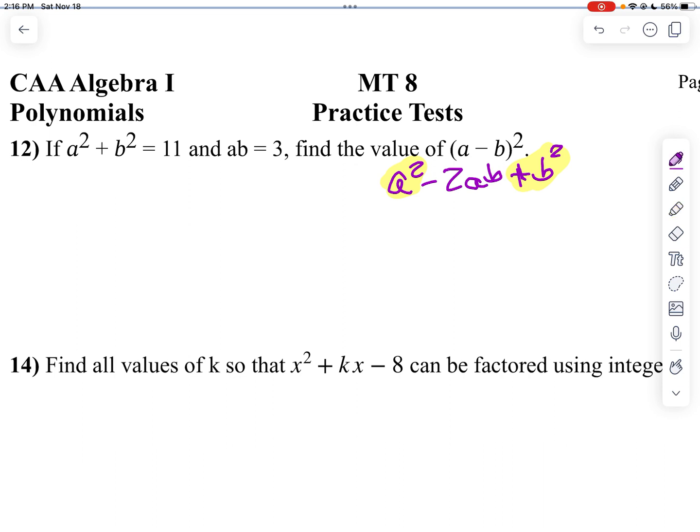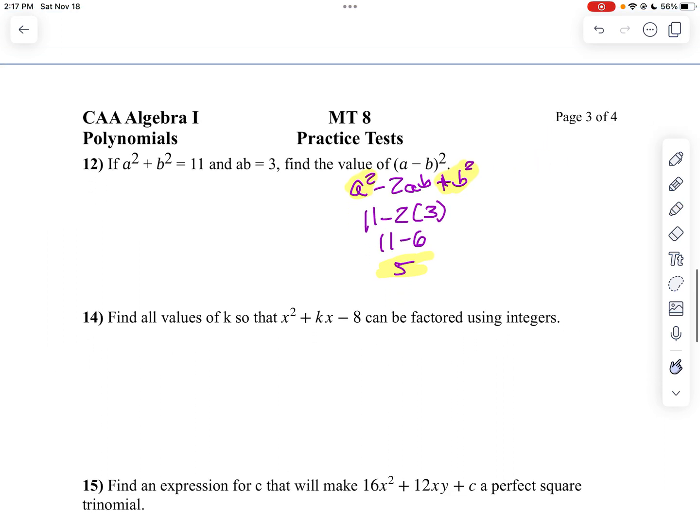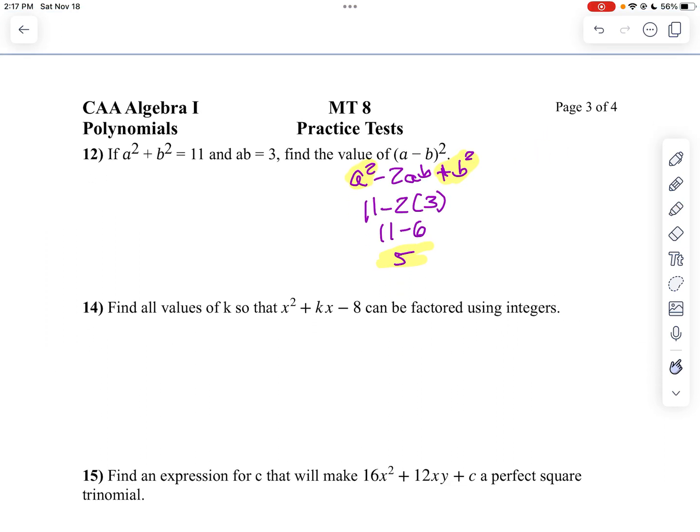That's 11, isn't it? Minus 2 and ab is 3. So 11 minus 6 is 5. And there's your answer.